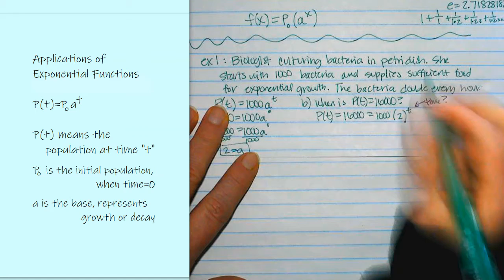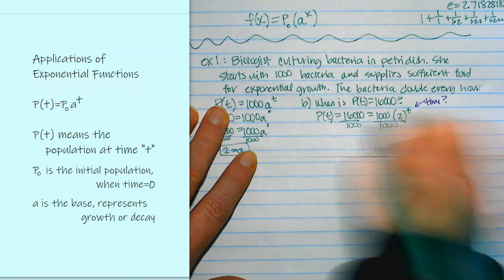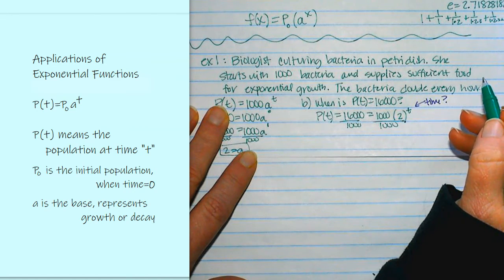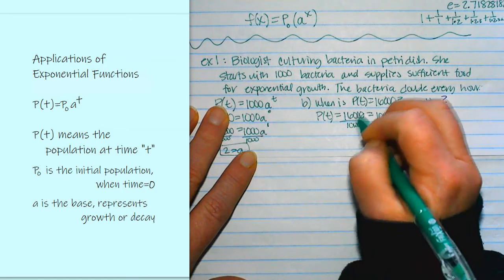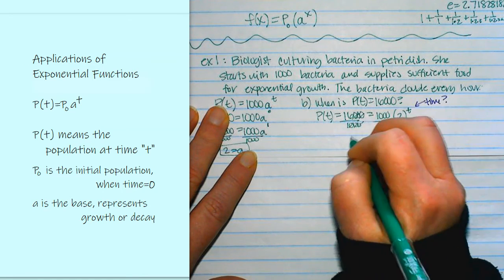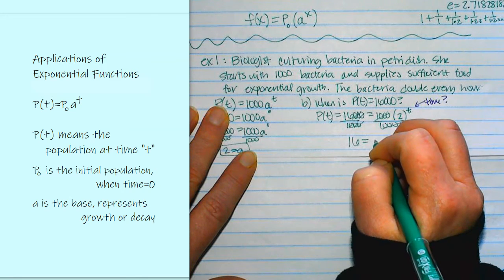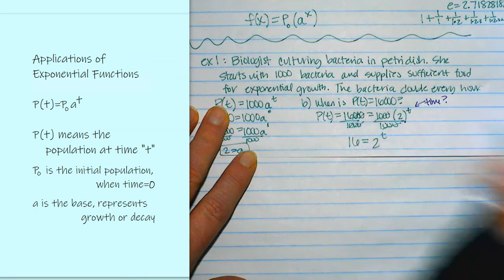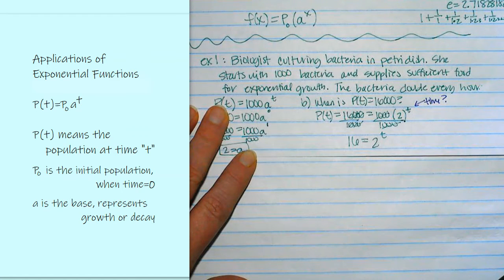And now that I've written it like this, we're going to ignore the function notation and solve this part of the equation. So again, I'm going to divide by 1,000. And I've got 16 over 1, which is 16, equals 1,000 divides out of 1,000. So I've got 2 to the t. If I think back to my last section, this is something I know how to solve if I can get the bases the same.